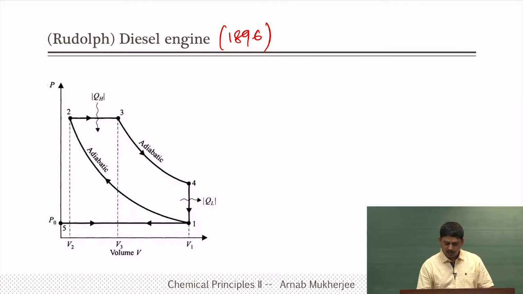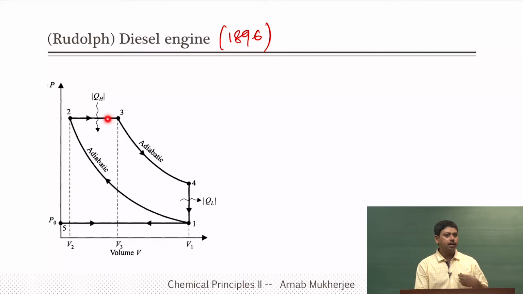So, again in the first step there is an intake step where the air is taken in, and again it gets compressed to a very large extent. So, of course, the temperature goes very, very high, and then in the second to third step the fuel gets injected, and in that high temperature the fuel gets burned.